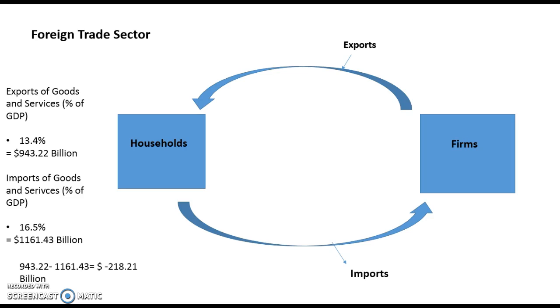Looking at the calculations, we can see that the United States in 2014 is at a trade deficit. What this means is that there are more goods and services coming into the country than out, which does in fact affect economic growth within the country.